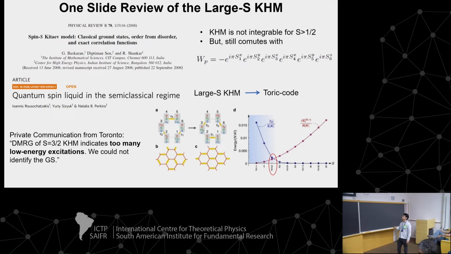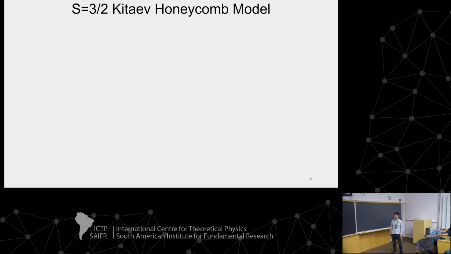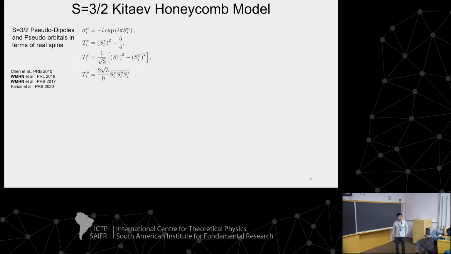So this model turns out to be interesting from both experimental and theoretical points of view. And our approach to this problem was to use these operators here, the pseudo-spin and pseudo-orbital operators that we studied a lot in the context of J equals 3/2 Mott insulators.